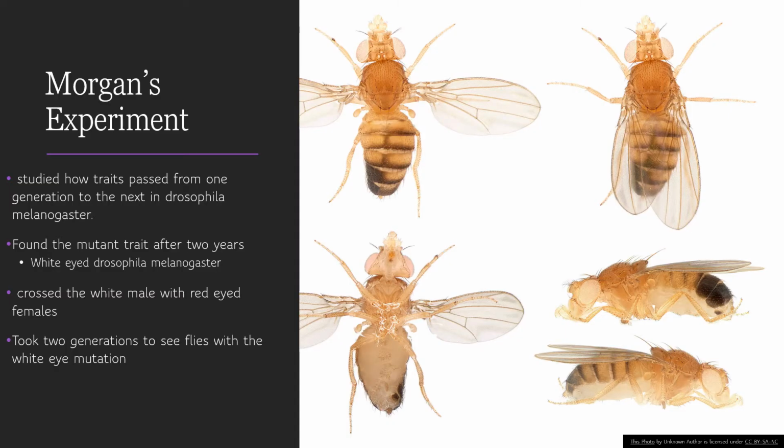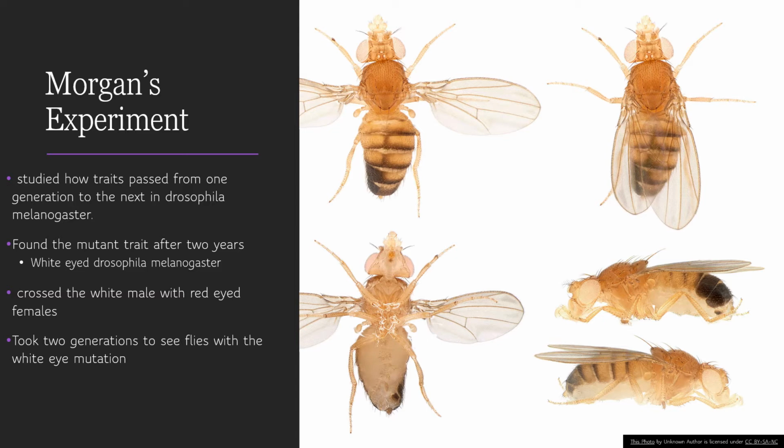In his experiment, he studied the traits passed from one generation of Drosophila melanogaster to the other, and he started by crossing wild types which had red eyes together, and it took him 2 years to find the mutant trait of Drosophila melanogaster, which was white eyes.